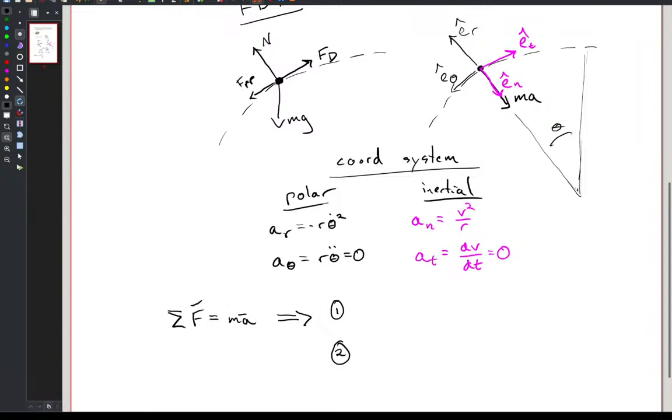How's it going? And those components. No. I mean, we can split up both of them, or you could choose. You mean which system? Like coordinate system? Yeah.